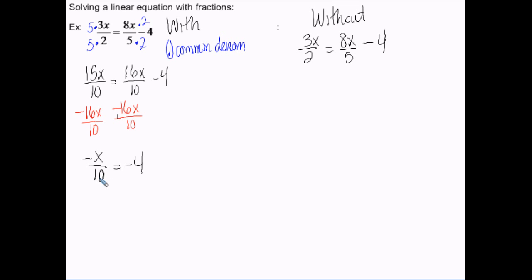This is negative x divided by 10 equals -4 at this point. My fraction has become a division. So to clear this, I'm going to multiply both sides by 10. Those will cancel, and I get negative x is equal to negative 40. But I don't want to know what negative x is. I want to know what positive x is. So I just change both signs.